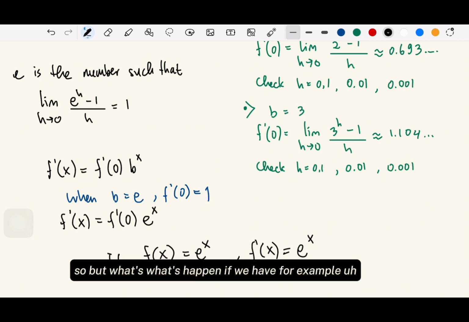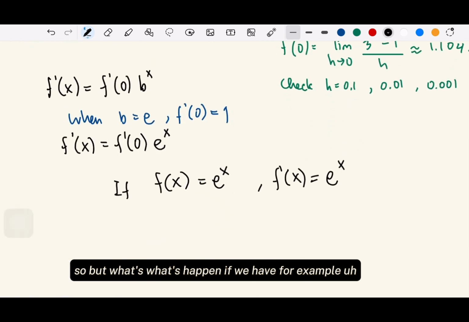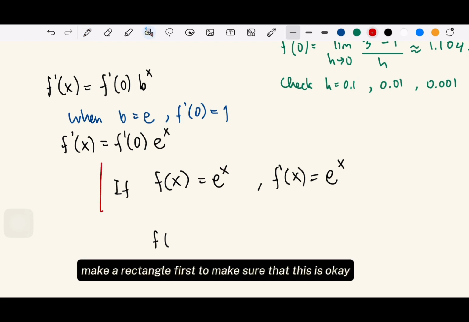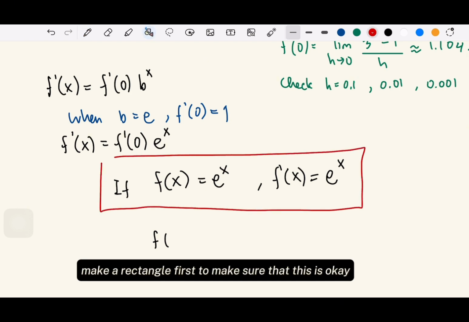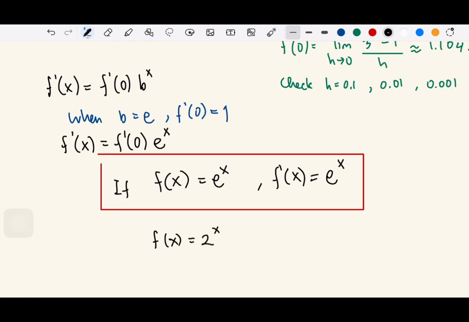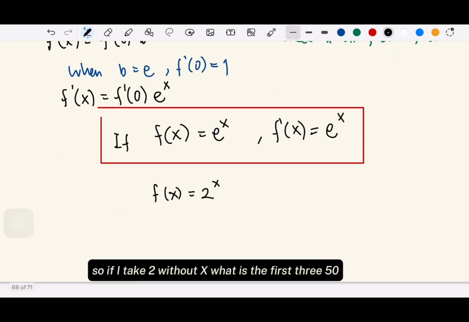But what happens if we have, for example, 2 with power of x? Let me make a rectangle first. So if I take 2 with power of x, what is the first derivative?